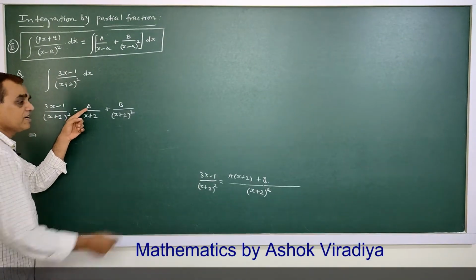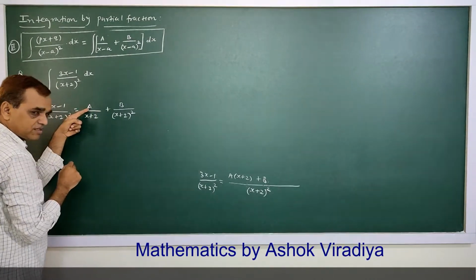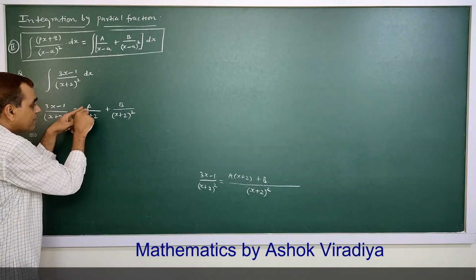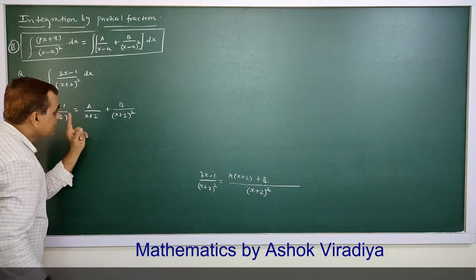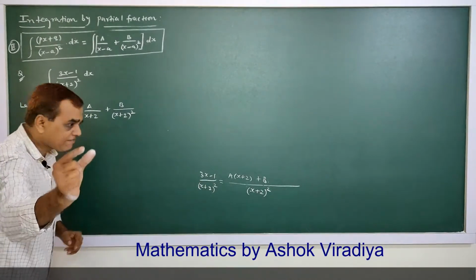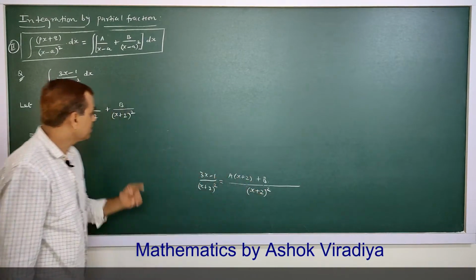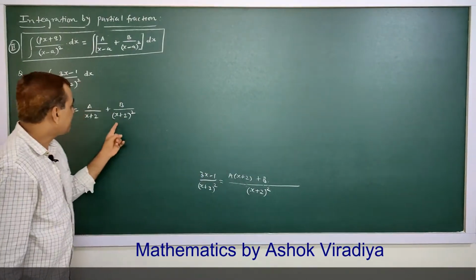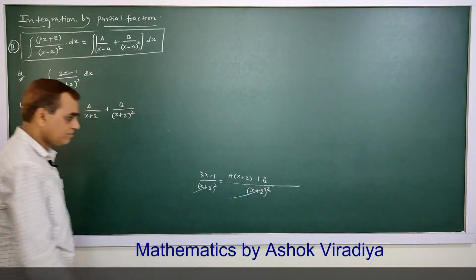Or in simple words, the LCM is x plus 2 whole square. With a, from the LCM, how much is left in the denominator? Here it is only one time and in the LCM it is two times. So one time is left. So multiply a with one time. Plus, with b nothing is left, so keep b as it is. So this will be cancelled.